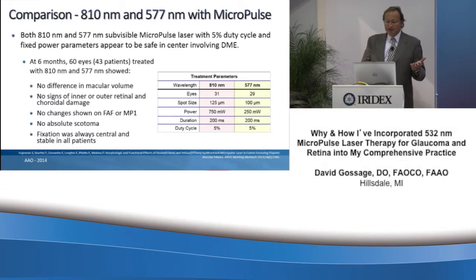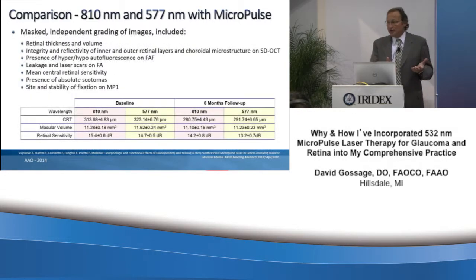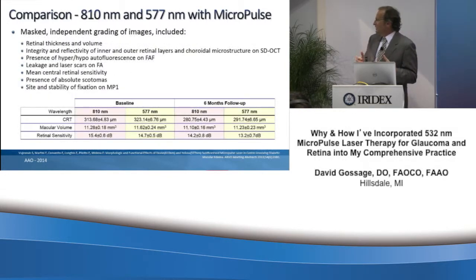When you looked at the baseline central macular thickness and compared that to the post-op eyes, whether you're using the 810 or the 577, they both had a decrease in central macular thickness, and they both did well. So from that standpoint, that verifies that whether you're using the 810 or the 577 is fine. The 532 probably would fall along with the same guidelines as the 577.